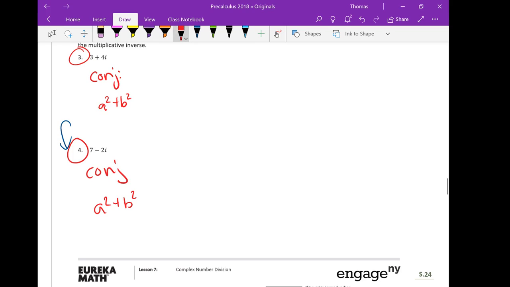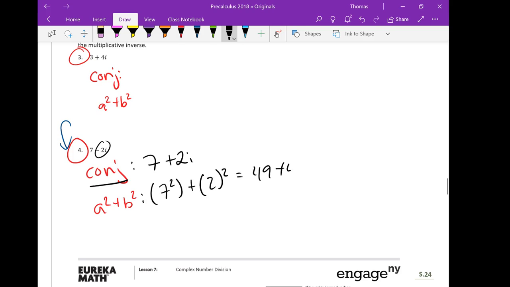All right, so hopefully you paused and tried this out. I'm going to start filling in. Our conjugate is 7 plus 2i instead of 7 minus 2i. All we did was change the sign of the imaginary part. A squared plus b squared is going to be 7 squared plus 2 squared, which is 49 plus 4, which is 53.